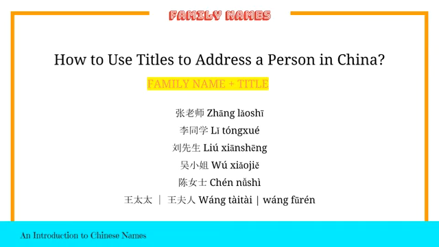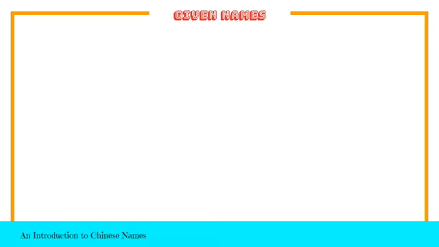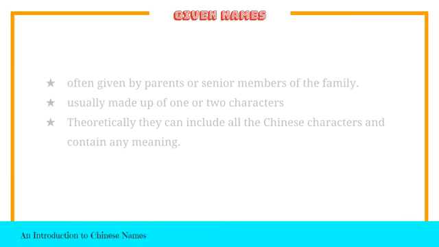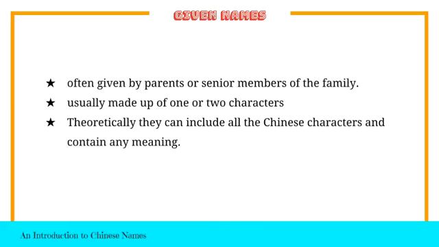Talking about the given name, that is the first name. First names are not like family names. They are not so formal. Family names are passed from generation to generation, from the father to the children. But the given names are normally given by parents or senior members of the family.